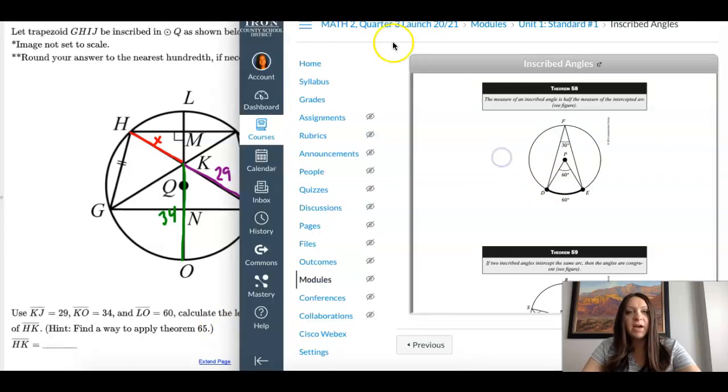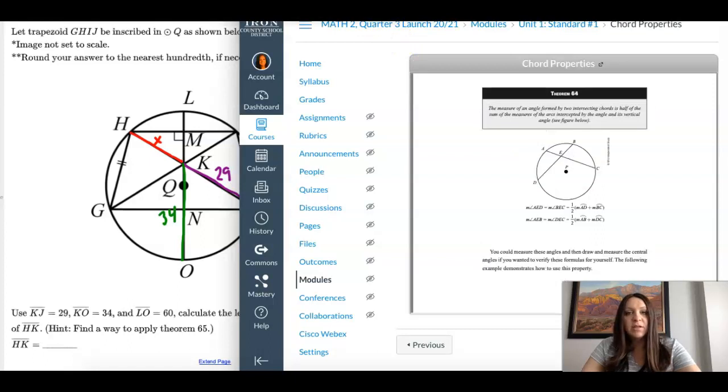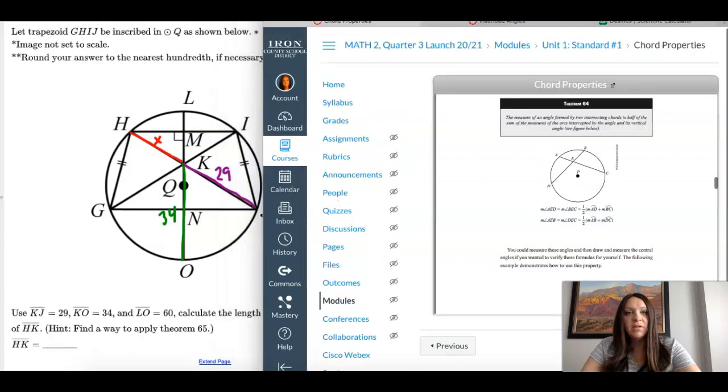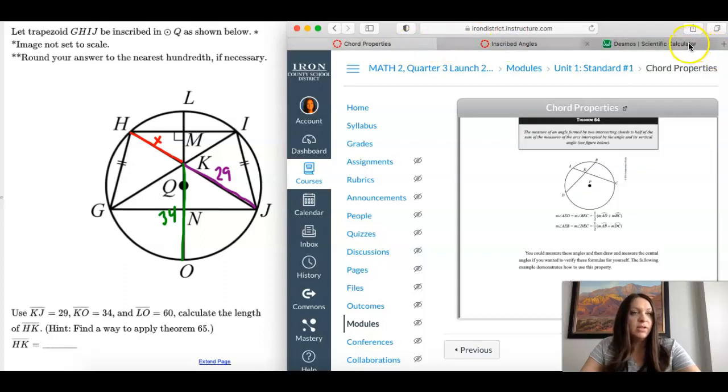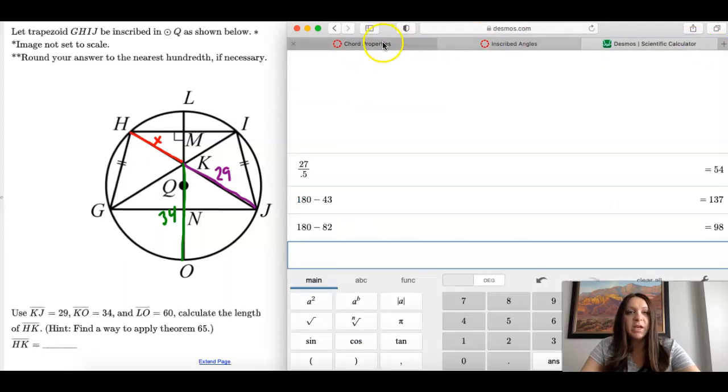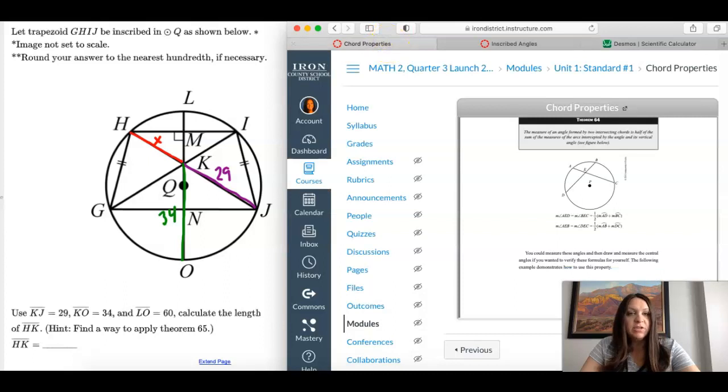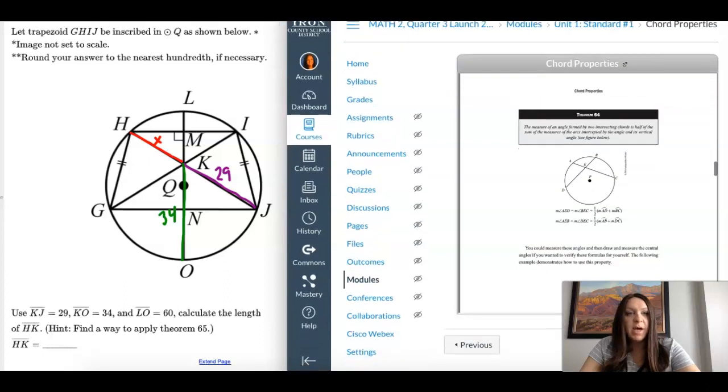So I'm going to go back to my notes. So you guys can't see that. Let me get there. I just have different tabs open. This is 1.3, this is 1.4. Here's my calculator. Okay, so it's okay to just open up as many Canvas tabs as you need to go back.